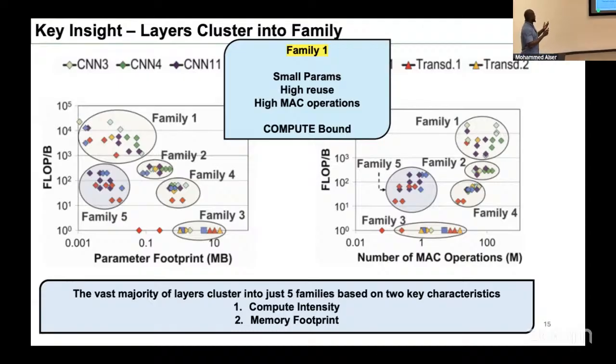That intuitively tells us that this family is bound by compute, that is, they do a lot of math operations. Why? Because they have high MAC operations and high parameter reuse. To effectively design something for this family, you need to take advantage of the innate compute characteristics that this family has.